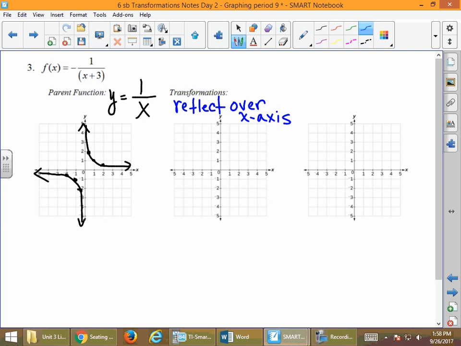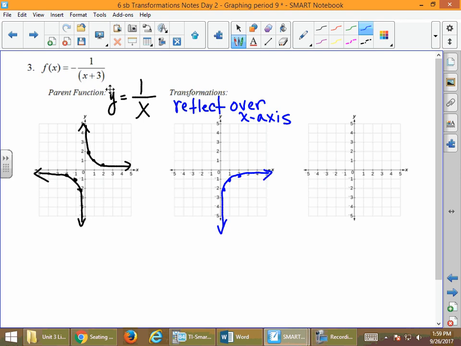But in other words, the first point we graphed was (1/2, 2). Now it's going to become (1/2, -2). And our point was (1, 1). When we flip it over the x, it's going to become (1, -1). And (2, 1/2) is going to become (2, -1/2). Flip over the x-axis.